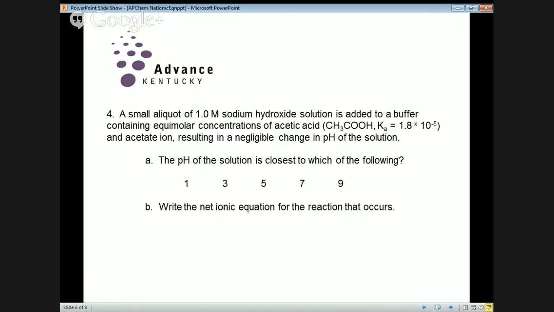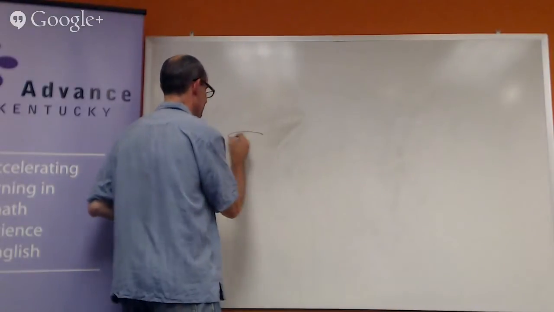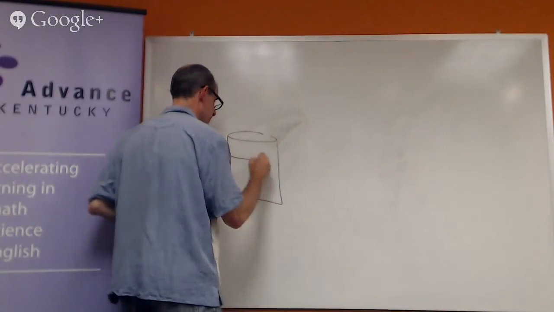We want to write the net ionic equation for the reaction that occurs when this small amount of sodium hydroxide solution is added to a buffer containing acetic acid and the acetate ion. So let's take a look at the board again. I'll sketch out our buffer here.